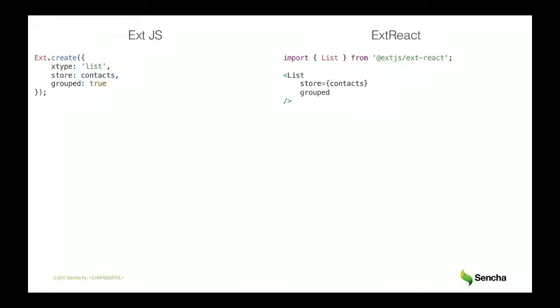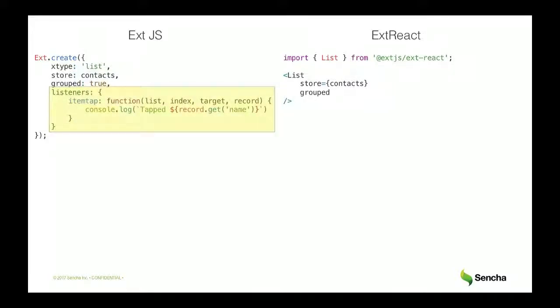So in this case, capital L List. The configs from ExtJS just become the props in ExtReact. So store and then grouped, and that's not a typo if you're not familiar with JSX. If you just provide a prop name instead of a prop and a value, it just equates to that prop being set to true. So those two are equivalent.